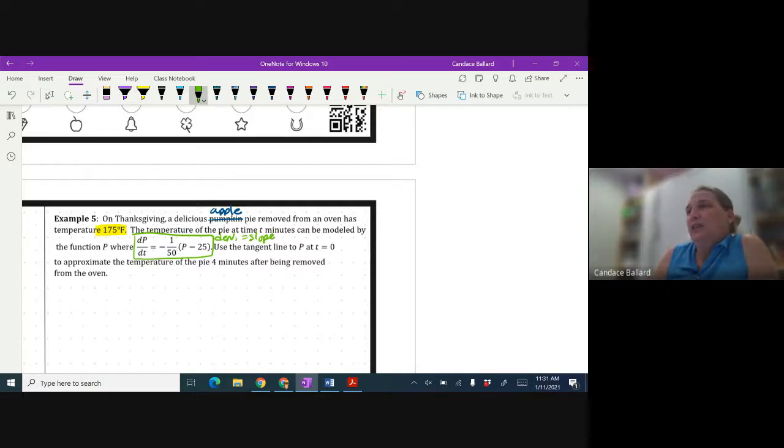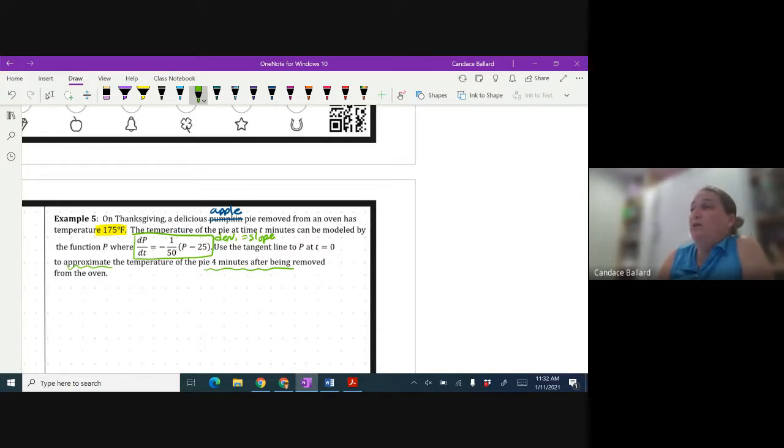So this is already the slope. Use the tangent line to P at t equals 0 to approximate the temperature of the pie 4 minutes after being removed from the oven. So we're approximating 4 minutes after removal. What's our point? We have the point, it's there.